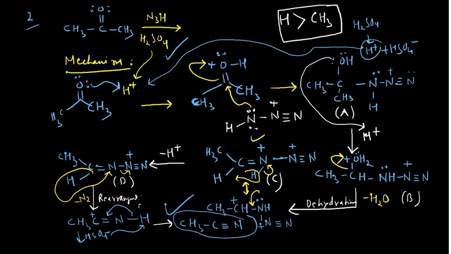Now this was your A, and in case of the B, again you will remove this hydrogen from here. This would be having CH3 now, and if you do the dehydration, in the dehydration also you were having CH3 onto this, that means this is also CH3, and this is also CH3.